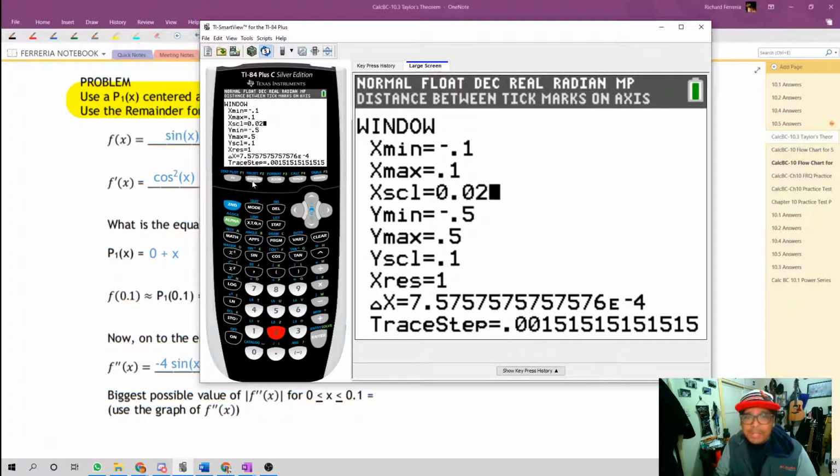So if we're estimating 0.1 and the center is 0, I want to set my window from negative 0.1 to positive 0.1. I'm just going to set the x scale to 0.02. That should give me 5 tick marks on either side of the x-axis. And I'm going to leave y min and y max at negative 0.5 and positive 0.5. Let's see what that looks like.